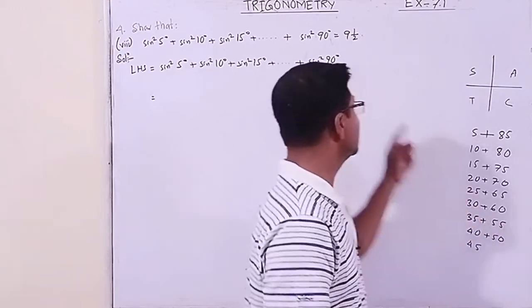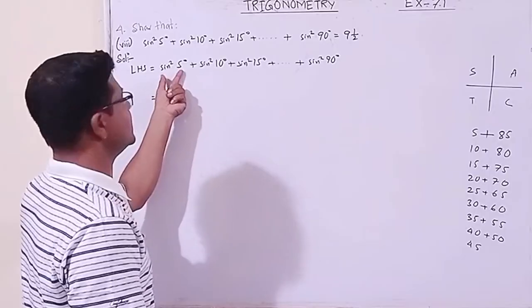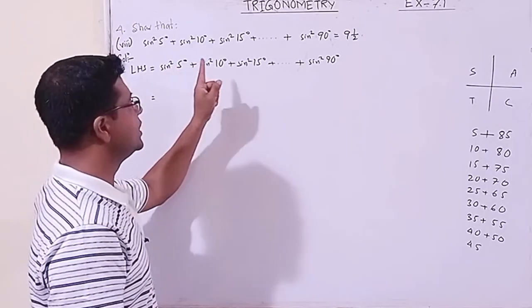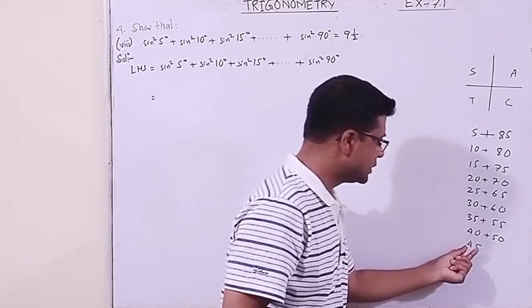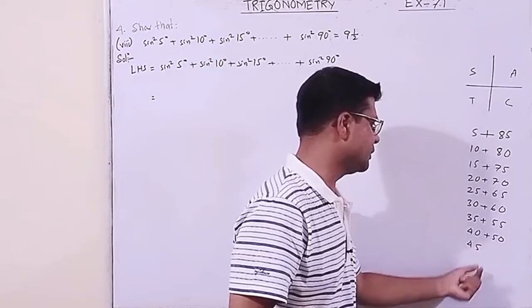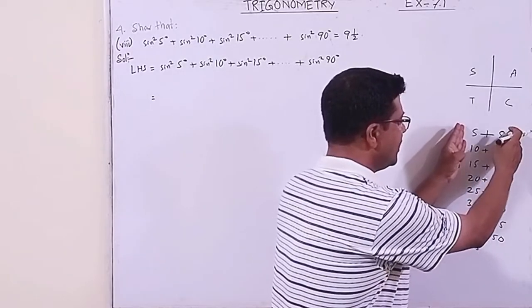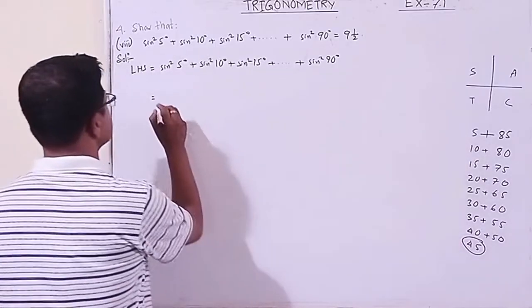45 plus 45, but here there is only one sine square 45 degree. Each term is one sine square, only one sine square 5 degree, only one sine square 10 degree here. So there is only one sine square 45 degree, not two sine square 45 degree. So these we can make pairs, but this will remain isolated. Let us see.